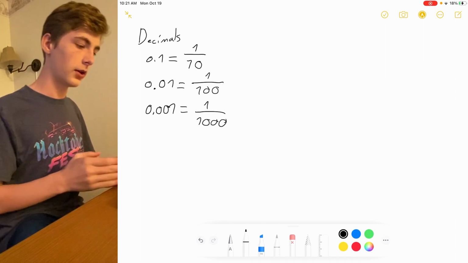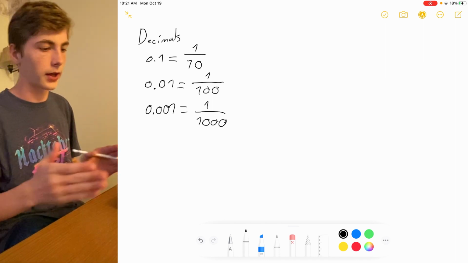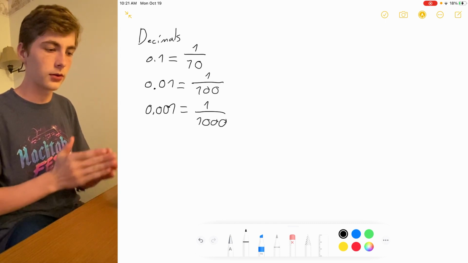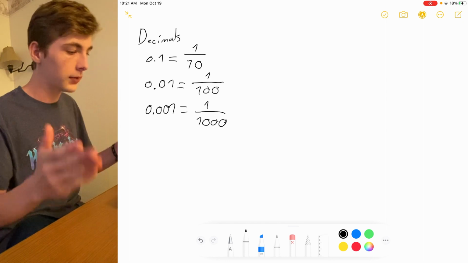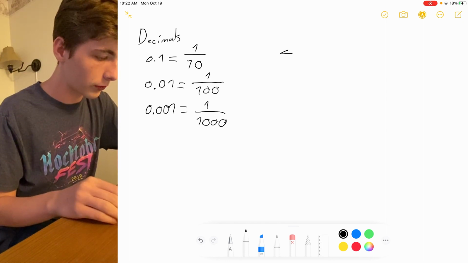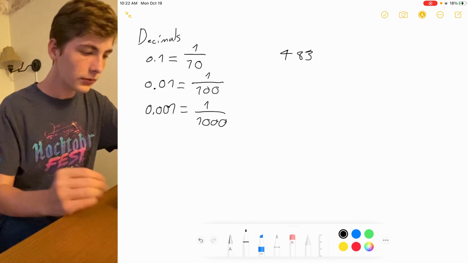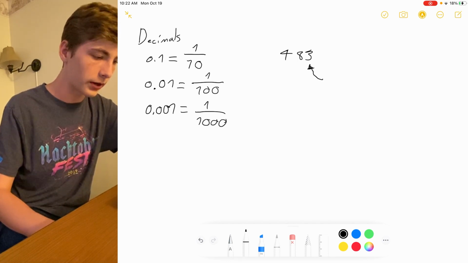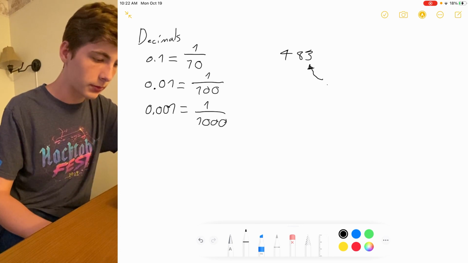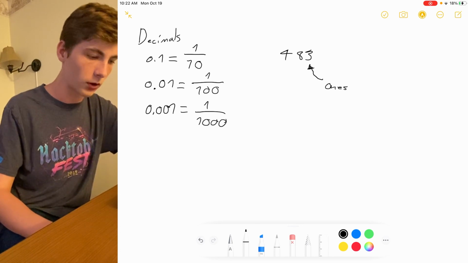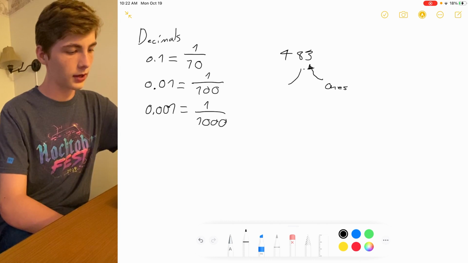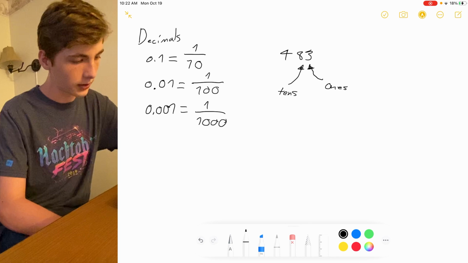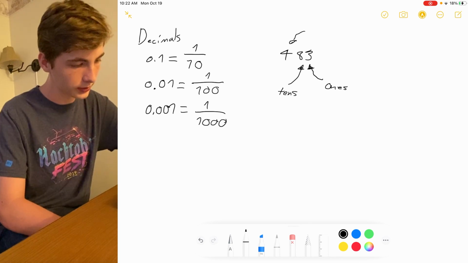So we have the standard digits 0 through 9, right? And then we go up in place values of 10. So what that means is, if I have a number like 483, that means that this position of that number, 3, that means the ones place, right? This 83, that's the tens place, right? And then up here, that 400 is the hundreds place.